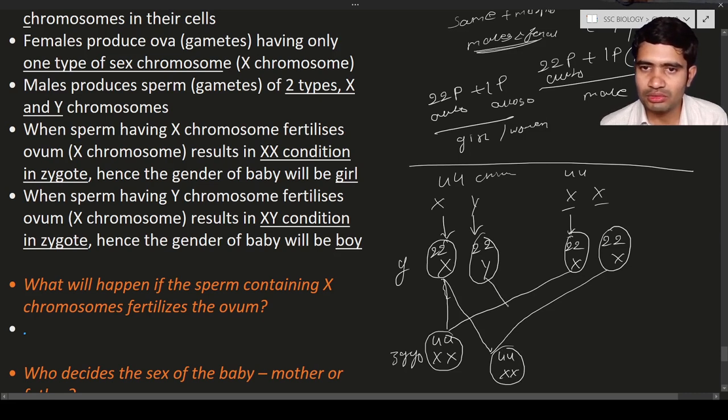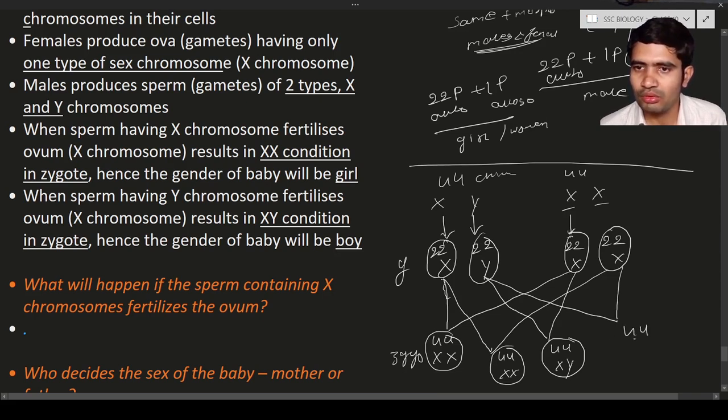And here the Y comes: the 22 plus Y containing spermatozoa and the 22 plus X ovum fuse together to form 44 chromosomes plus X and Y. This is one type of zygote. The second Y-containing spermatozoa with the 22 plus X ovum again leads to the formation of 44 X and Y.